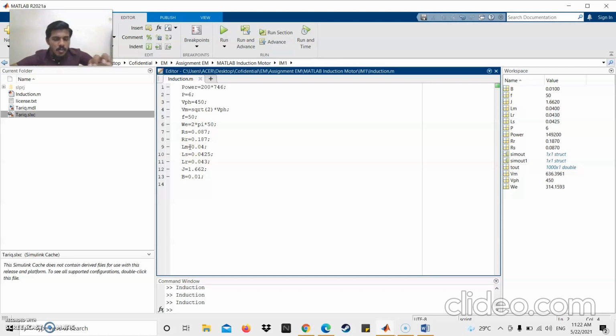Also, there is a small increase in full load torque. So that's all. So let us see part 2.